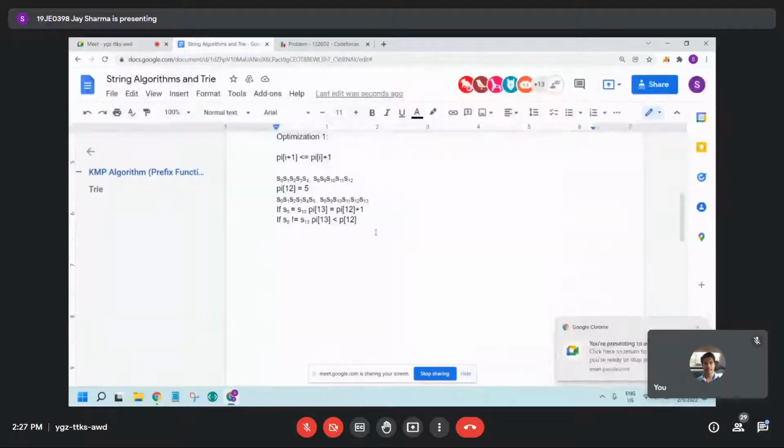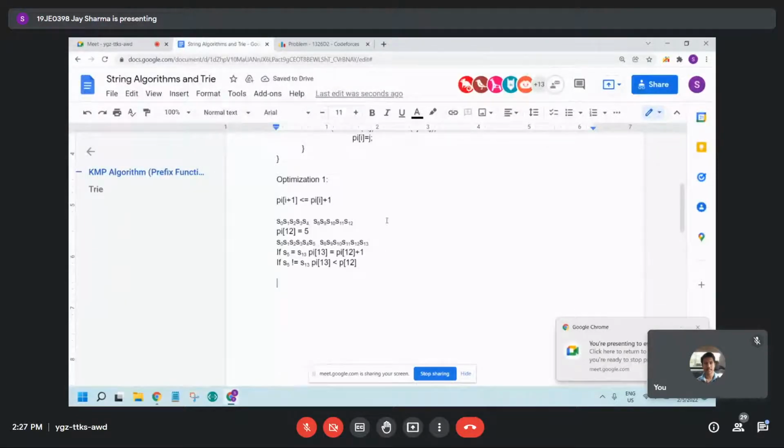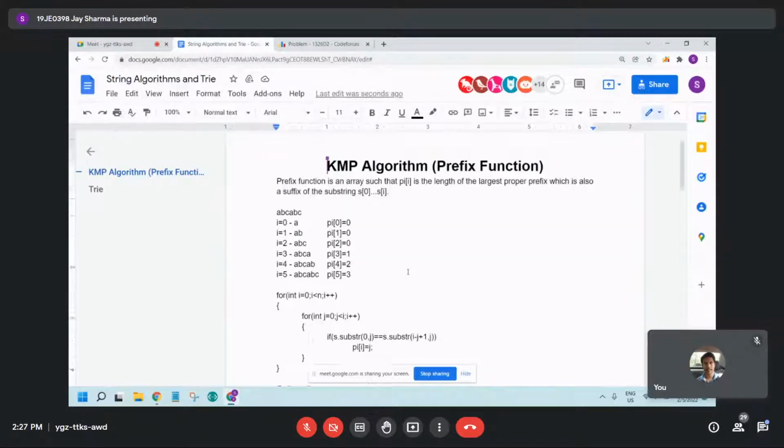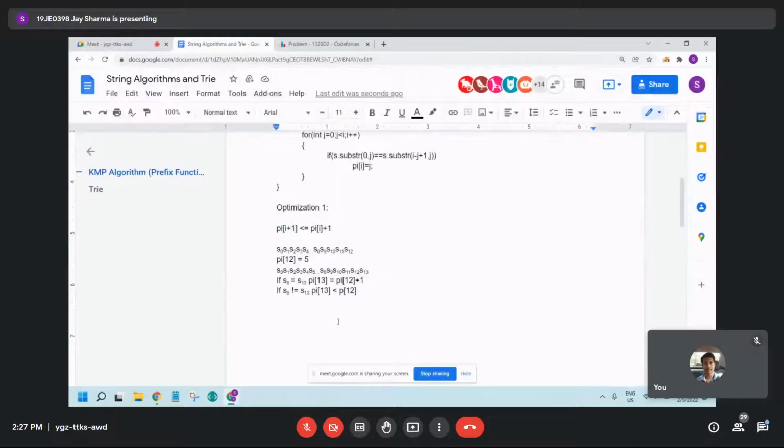Okay. So this is one optimization that we can see. Now one thing we can notice is that pi of i plus 1 can increase only by 1 at max. So out of the total string, for all values of i, this can increase up to n times.